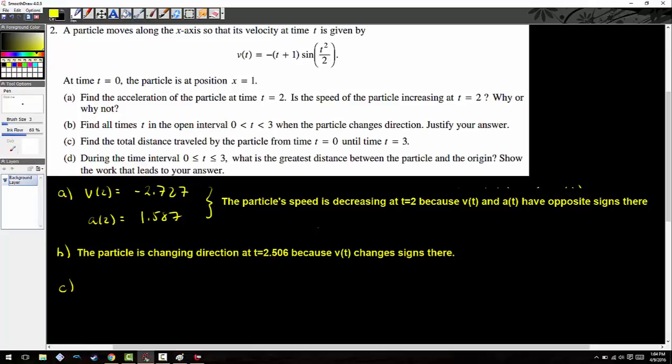Let's go and take a look at part C here. Find the total distance traveled. Okay, total distance traveled from 0 to 3. To get total distance traveled, I'm going to go ahead and integrate my velocity. But if I do that straight up like that, I do not get total distance traveled. I get displacement, which can give me some negative area. To get total distance traveled, I'm going to include some absolute value bars there. And then we will find out what that number is.